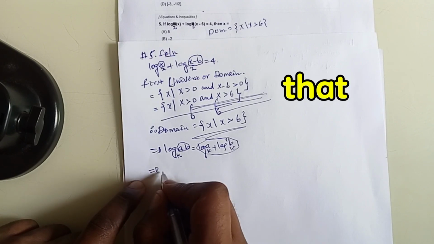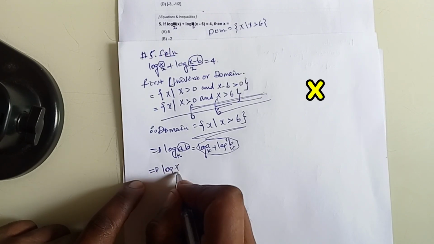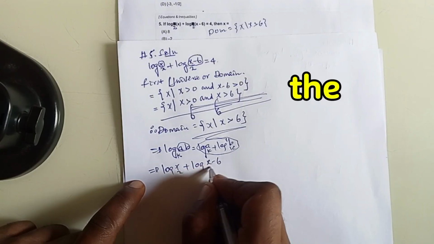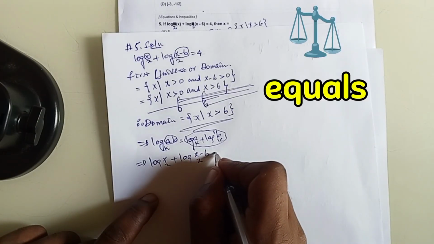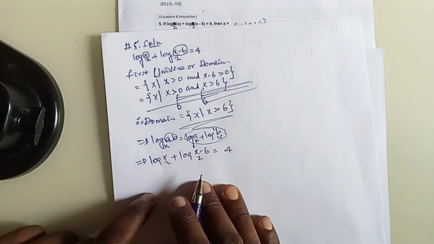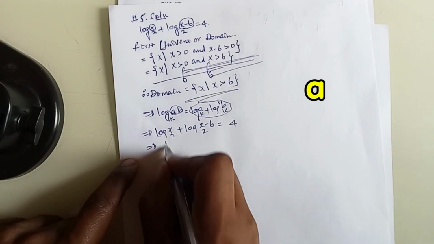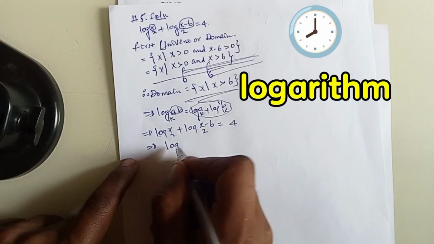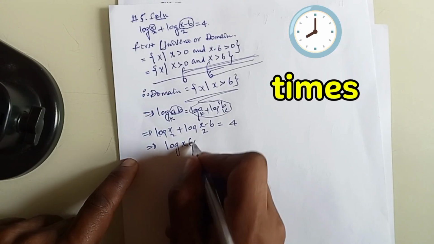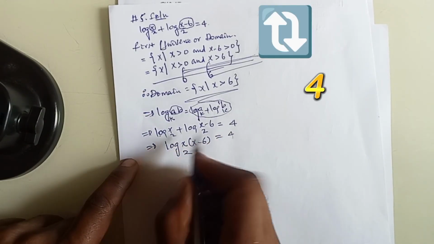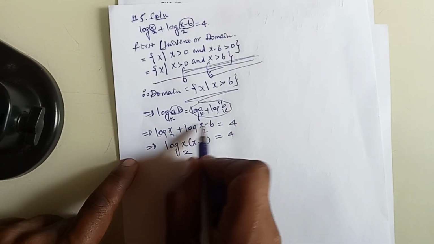This follows that the logarithm of x times x minus 6 to the base 2 is equal to 4.